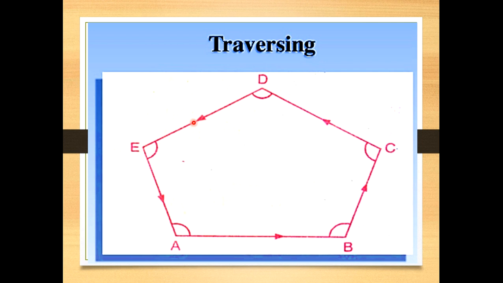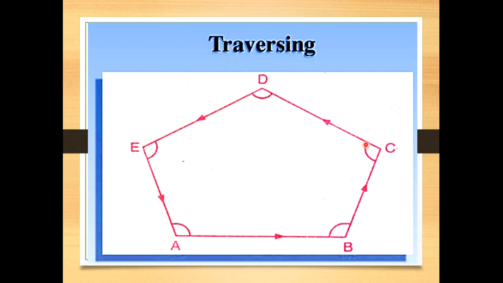Directions are identified with the help of compass, and angles are measured with the help of theodolite.